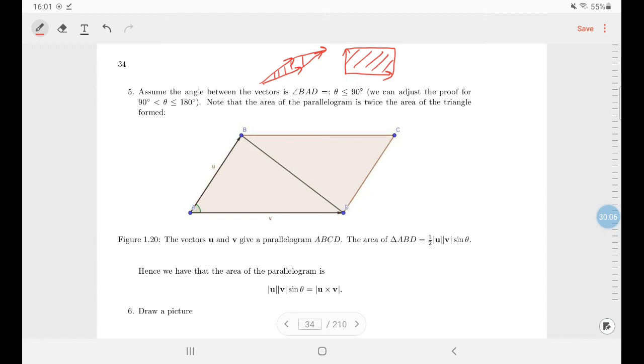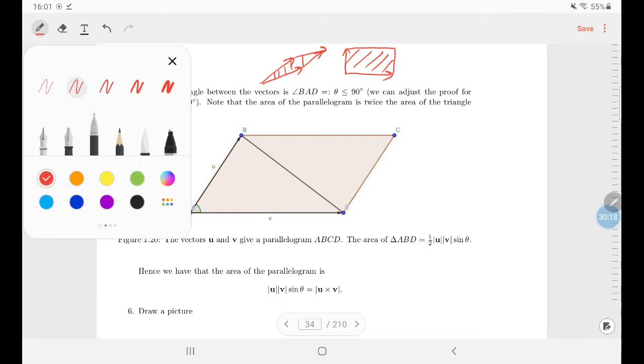So are we actually going to show this? Yeah, we will. I'm going to drop a little perpendicular on this picture.